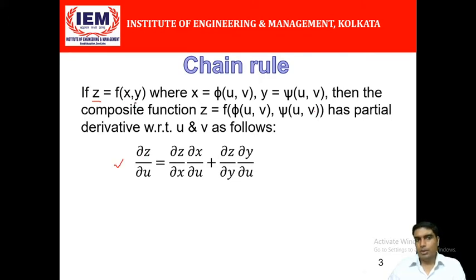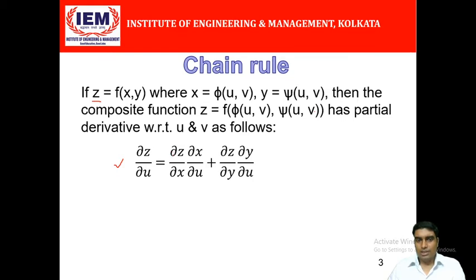But before that, it will be basically a composite of two functions u and v, right? And originally this function z is a function of x and y. So first I will take the partial derivative of z with respect to x, and inside x I have u.